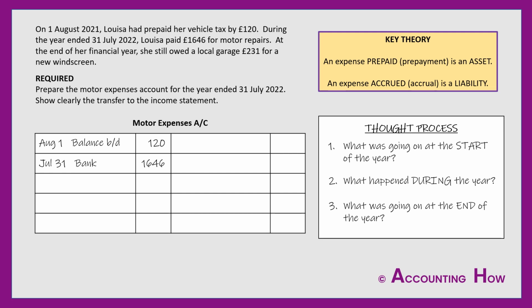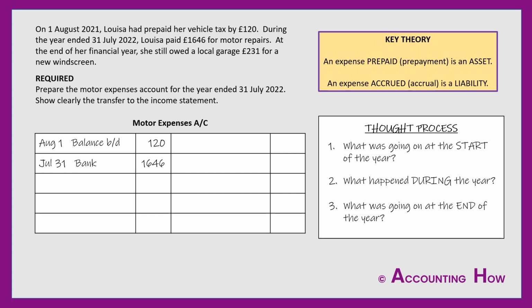And again, referring back to the key theory, this time she owes some money, so this is an accrual, an expense accrued, an accrued expense, and that is a liability. So that means she's going to start her next financial year owing this £231.